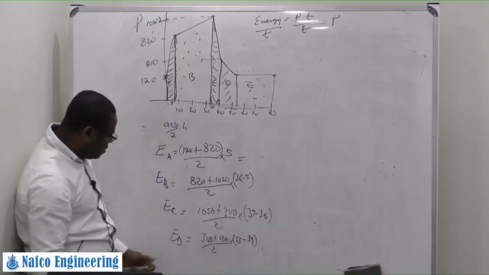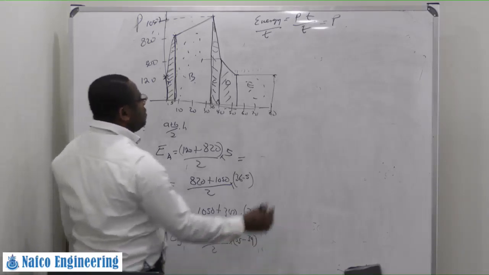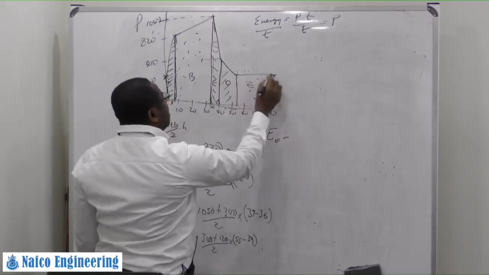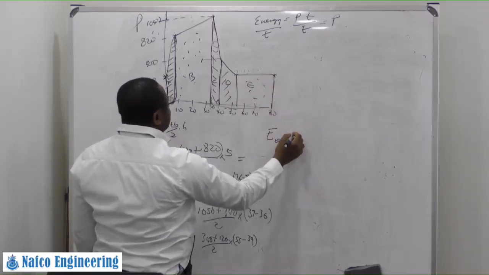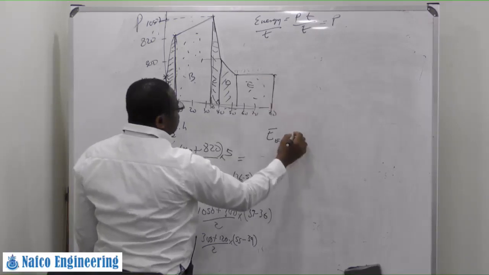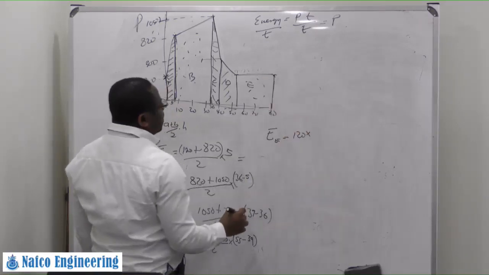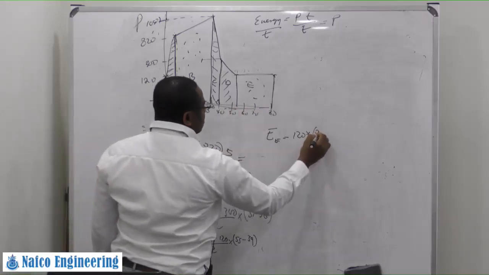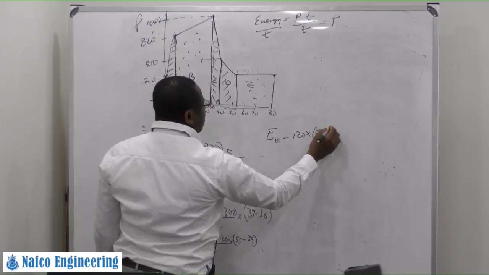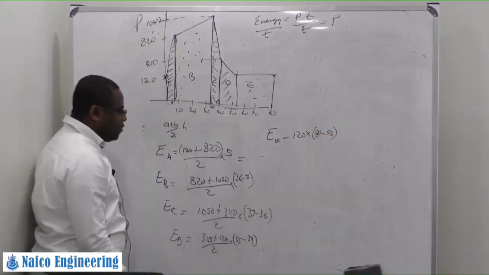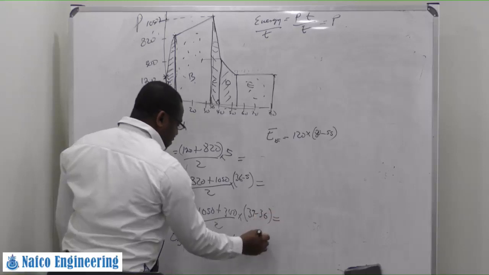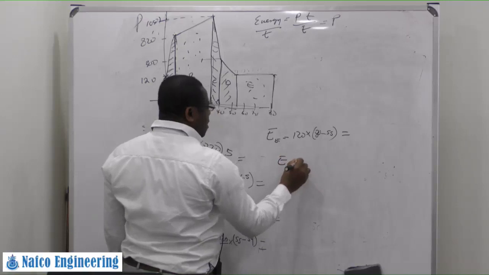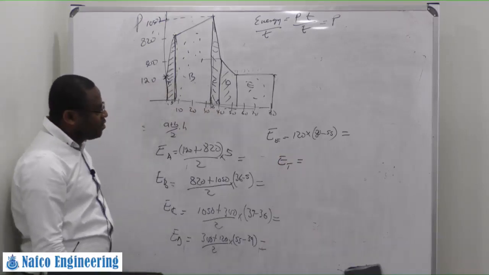That's ED. And then you also do EE. It's just length times width, which is 120 times from here to here, 80 minus 55. So once you get these energies, now for energy total, you just add them together.